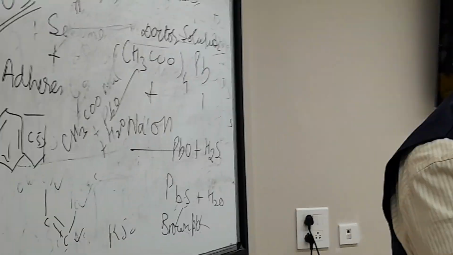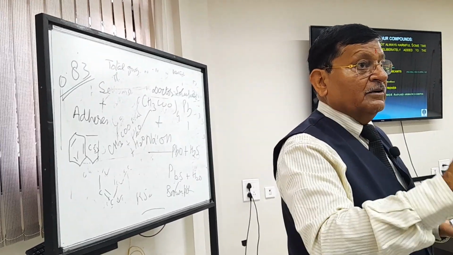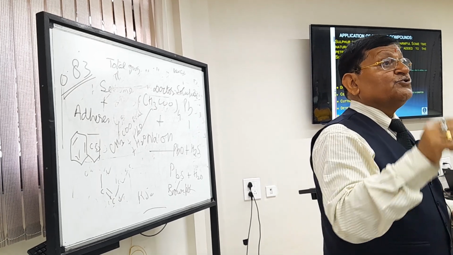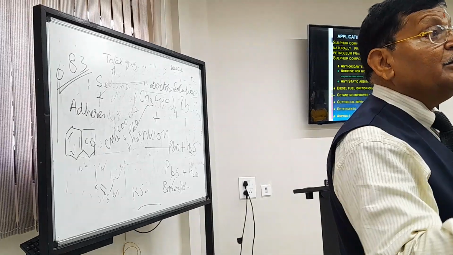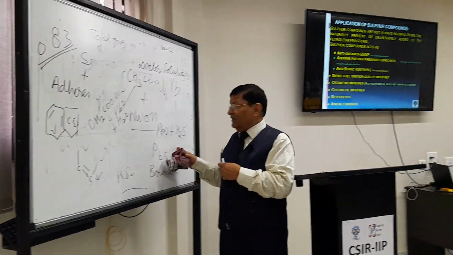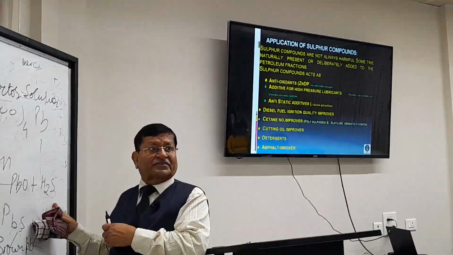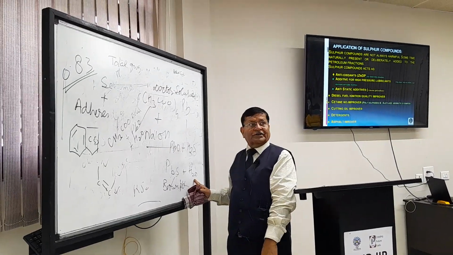Brown ring at the junction, because one is your aqueous layer and one is hydrocarbon. Brown ring at the junction, that is a qualitative test for the presence of hydrogen sulfide in your fuel. This one reaction, PbO and H2S, this is doctor solution. And this is H2S. You are getting the lead sulfide, you are getting the water.